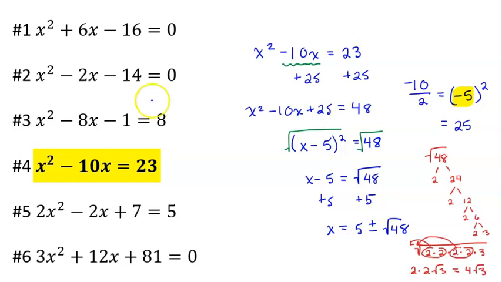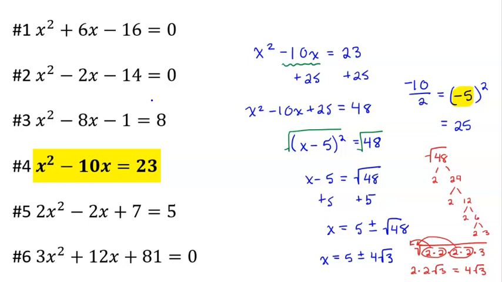So when I write my answer, it's going to be x equals 5 plus or minus 4 times the square root of 3. If you're taking your EOC, they might ask you to do something like this, especially because that's something that we learned in Algebra 1.